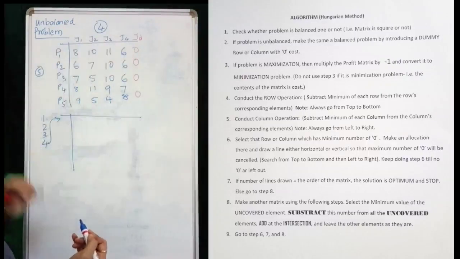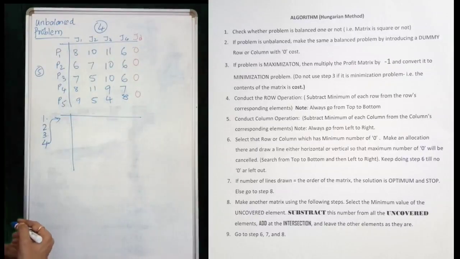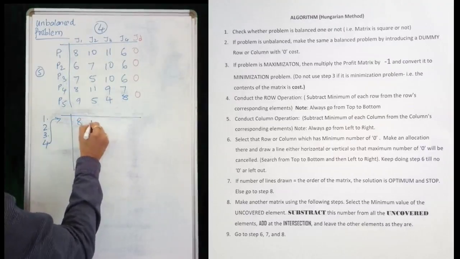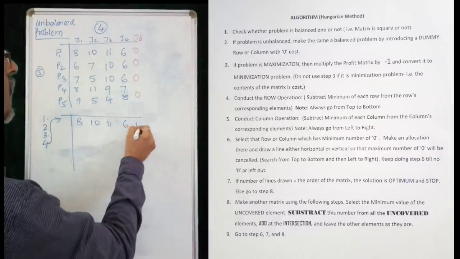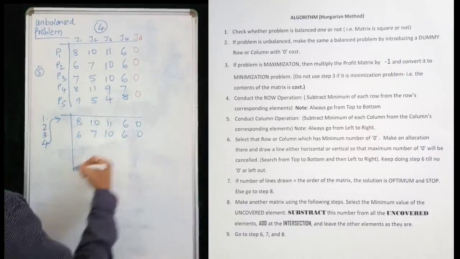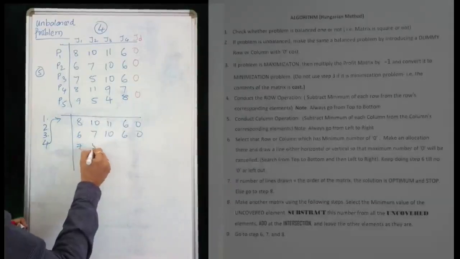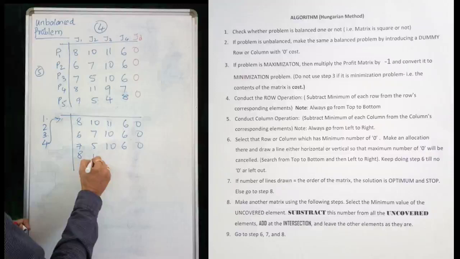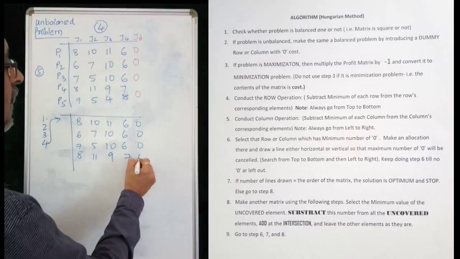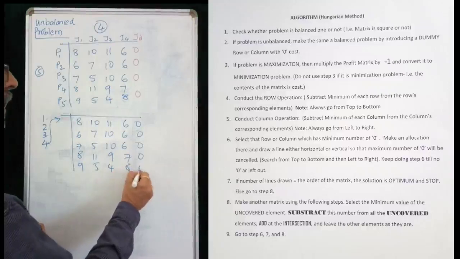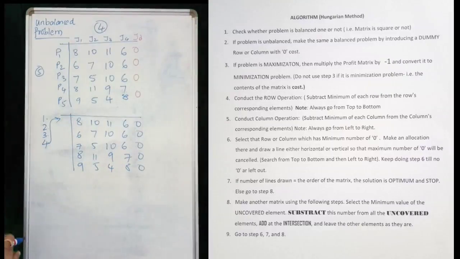If I subtract it from this, I am going to get the same matrix: 8, 10, 11, 6 and 0; 6, 10, 7, 6 and 0; 7, 5, 10, 6 and 0; 8, 11, 9, 7 and 0; 9, 5, 4, 8 and 0. Right? So I have done the row operation.